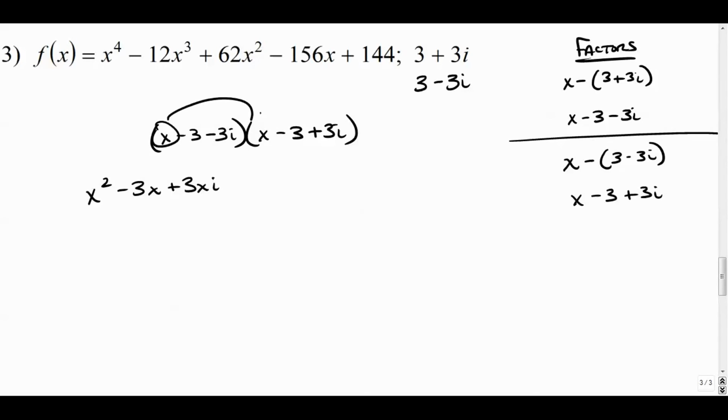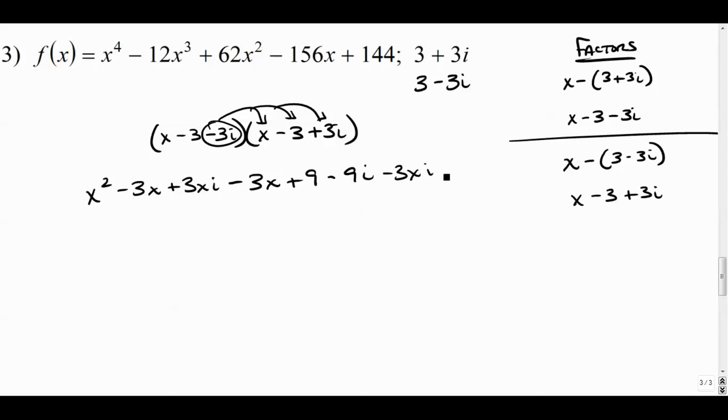I'm doing this into here, into here, into here. Now I'm going to go this into here, into here, into here. And that gives me negative 3x plus 9 minus 9i. This into all three as well. It gives me negative 3xi plus 9i minus 9i squared.